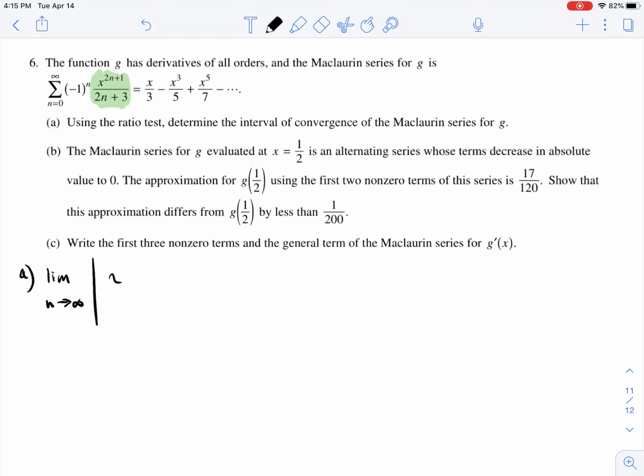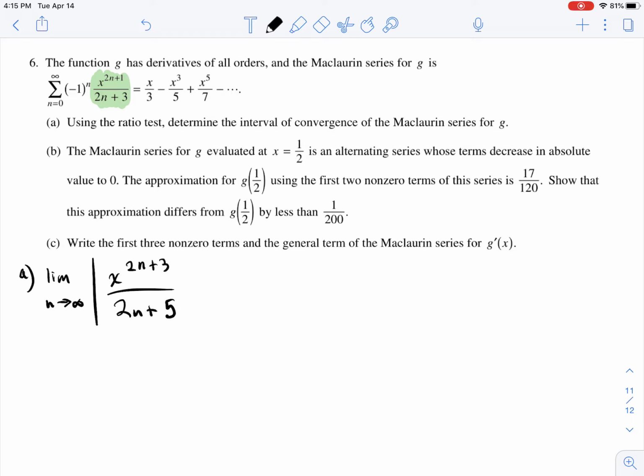So we can just go ahead and do x to the, now if I'm plugging in n plus 1 for every n, this should then give me x to the 2n plus 3. And again, if I'm replacing all my n's with an n plus 1 and distribute, that should give us 2n plus 5. That's our a sub n plus 1 term.